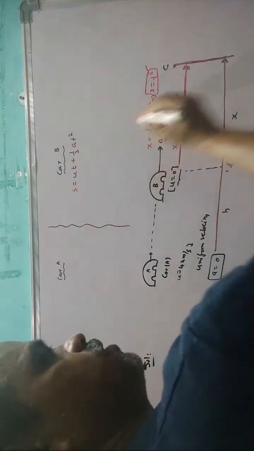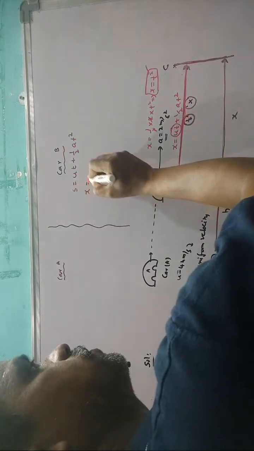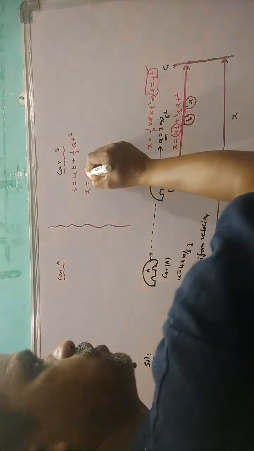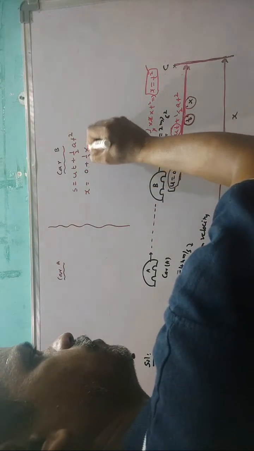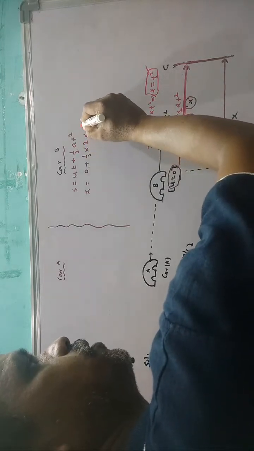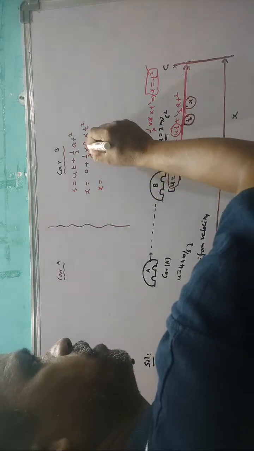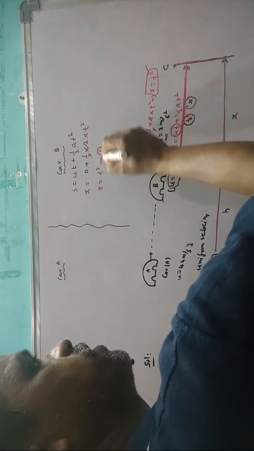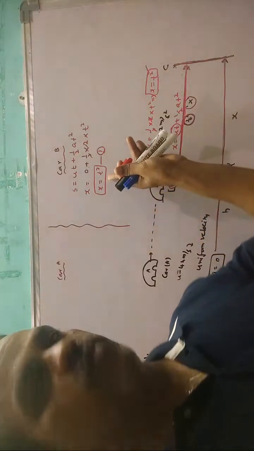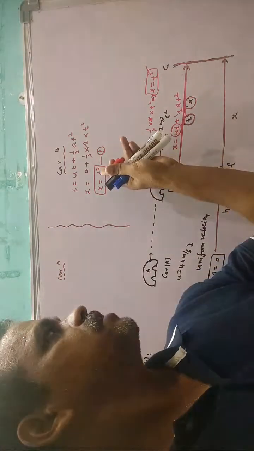Let the displacement be x. It started with initial velocity 0 plus half into 2, the constant acceleration, into t square. So x equal to t square. This is equation number 1.